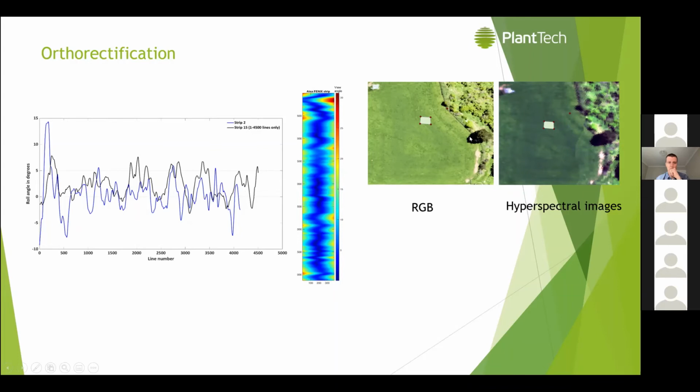Even after correcting that, on the left-hand side you can see the RGB image, which is properly georeferenced, and the right side image is obtained from the airborne instrument. These hyperspectral images have a lot of geopositional errors. How are we going to rectify that?